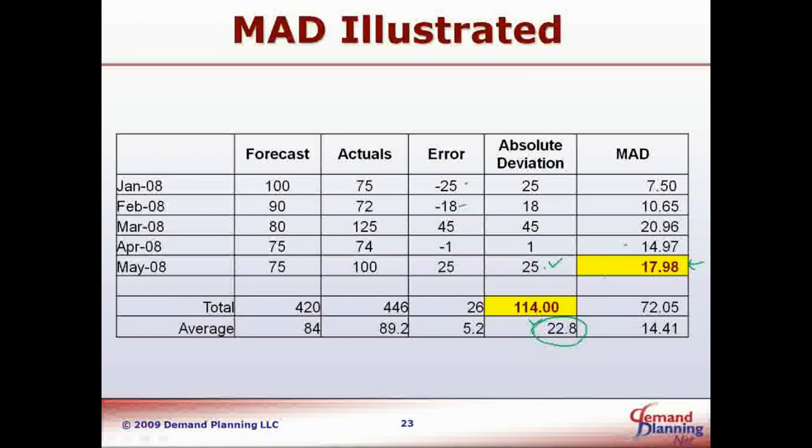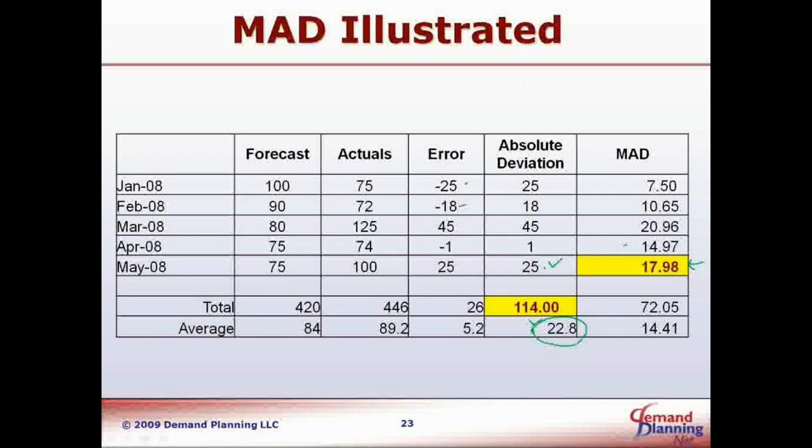The absolute deviation is 25. Actuals minus forecast gives you this number: 75 minus 100 is minus 25, 72 minus 90 is minus 18. You take the absolute deviation. So traditionally, statistically, you would come up with an average of this, and that would be your MAD, 22.8.